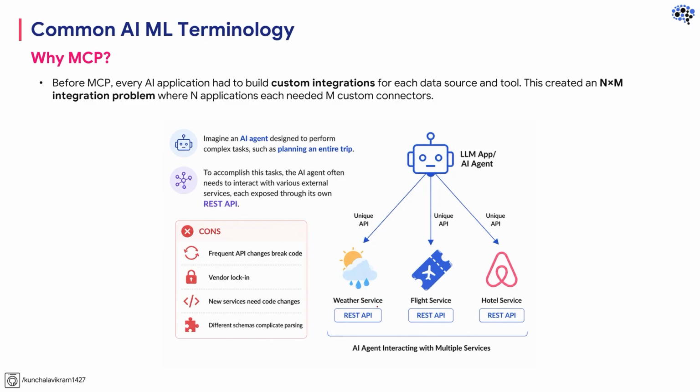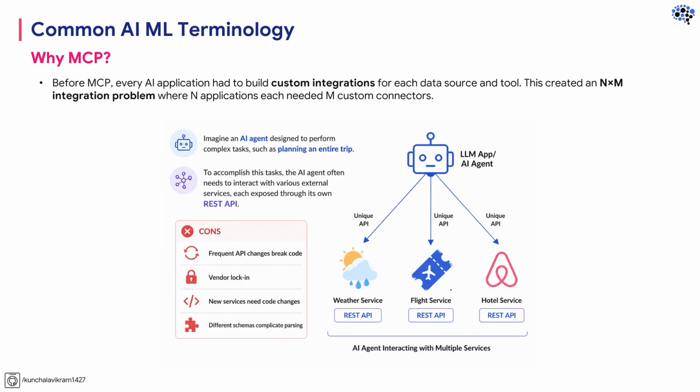Every external service will have its own set of REST API models and its own ways of authentication and all these things. So the LLM application has to know all of these to actually do a meaningful job, like getting the weather information, actually booking a flight, and actually making the hotel booking.